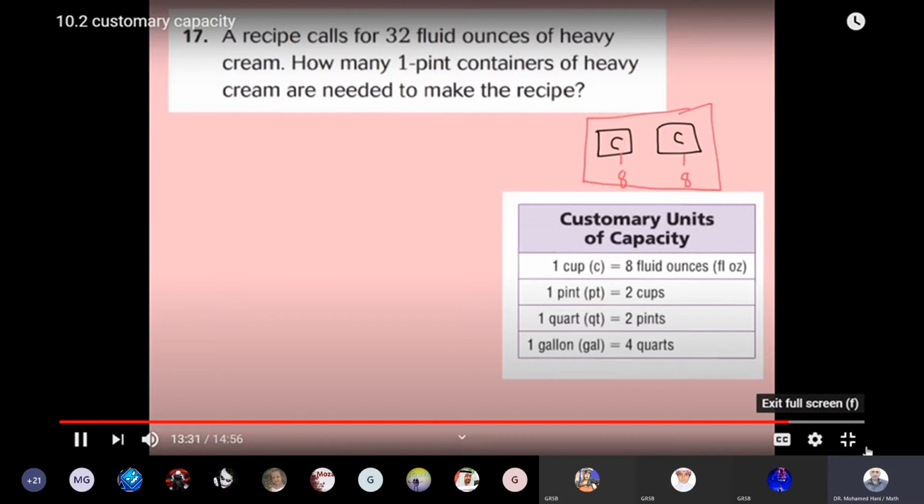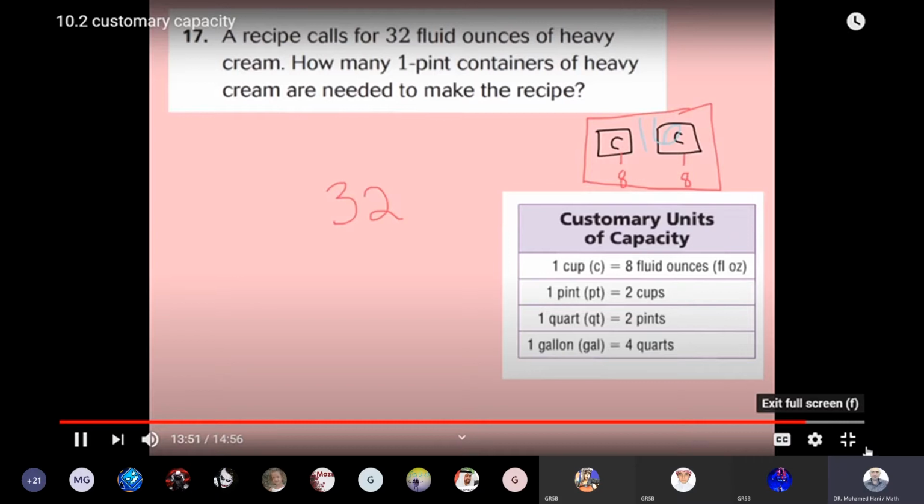All right, so because of that information, now we can figure our question out. A recipe calls for 32 fluid ounces. How many 1 pint containers of heavy cream are needed to make the recipe? Remember, we have 16 ounces equals 1 pint.